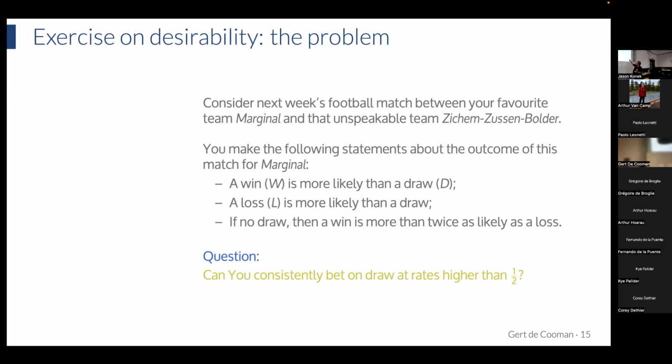A win is more likely than a draw will lead to a gamble that you find desirable. So you will have in your assessment a very specific gamble that expresses that a win is more likely than a draw. A loss is more likely than a draw, and if no draw, then a win is more than twice as likely.